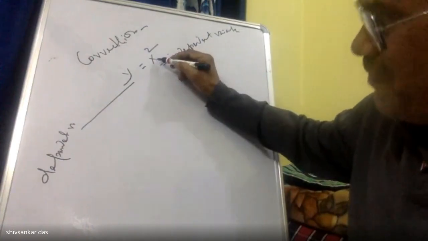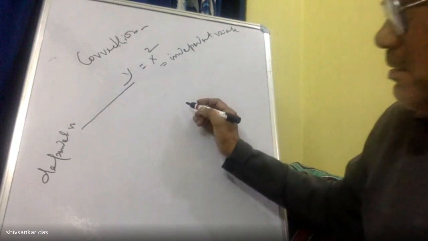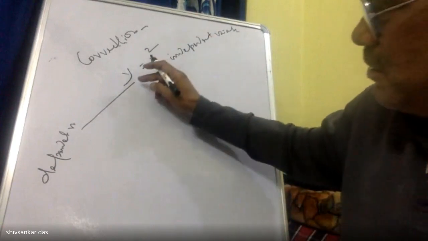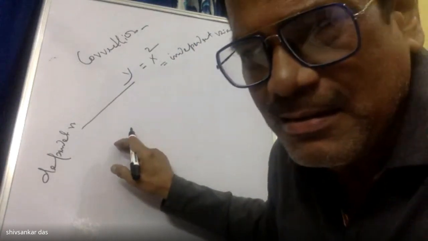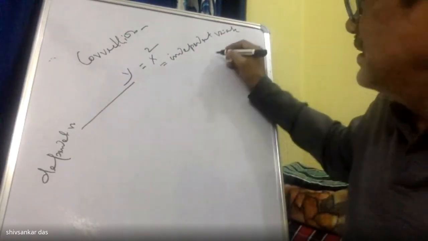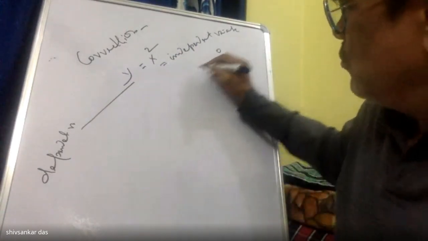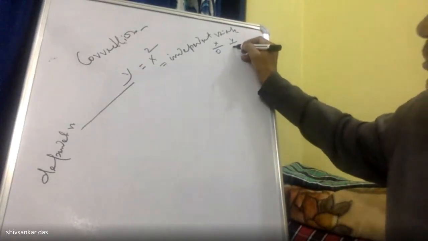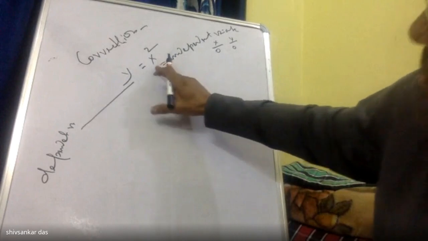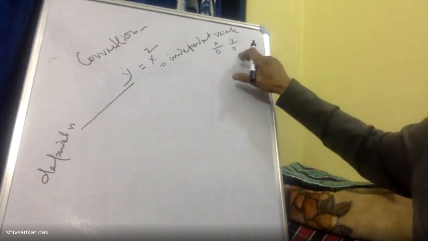On the value of x, y is decided. Suppose x is 0. When x is 0, y is also 0.